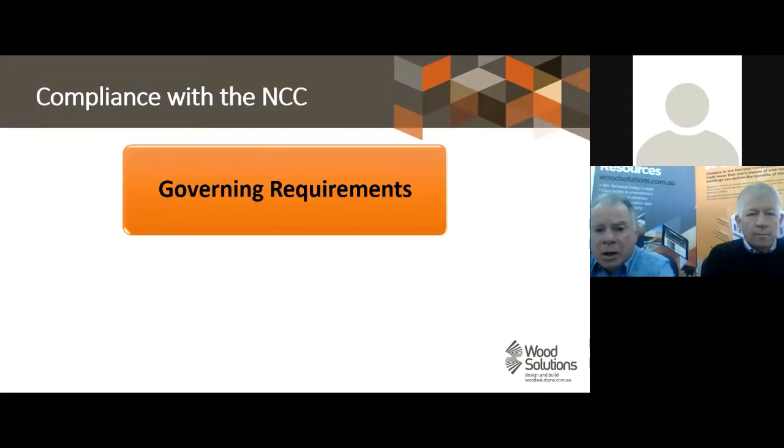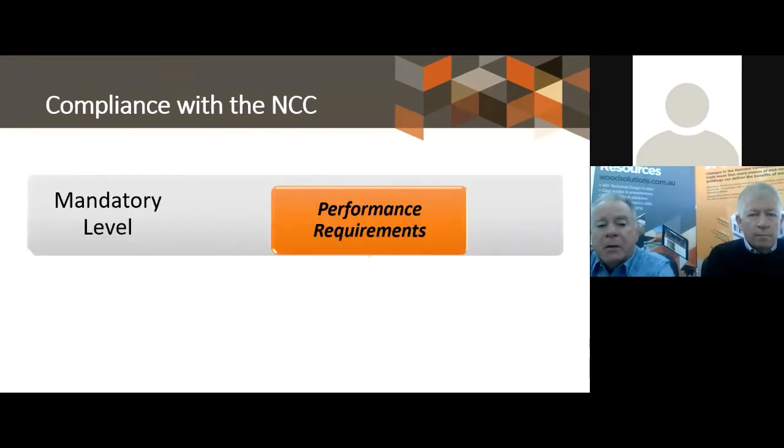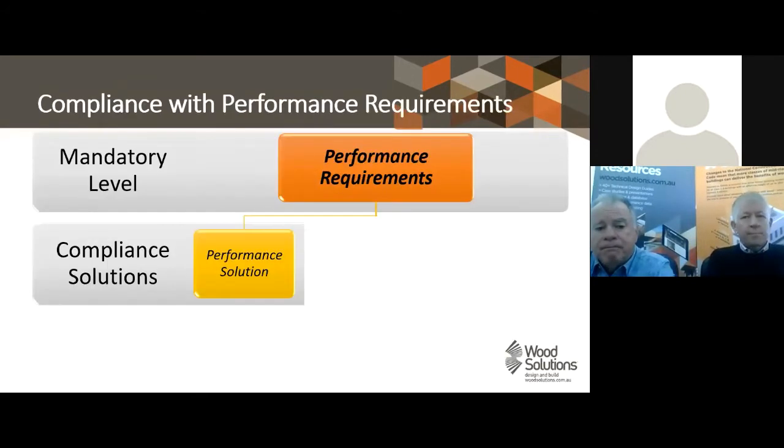Overall, you must comply with the governing requirements, and you must comply with what we call our performance requirements. Our performance requirements set the technical standards for the design and construction of buildings. So they are also mandatory. The two compulsory parts of the NCC are the performance requirements and the governing requirements.